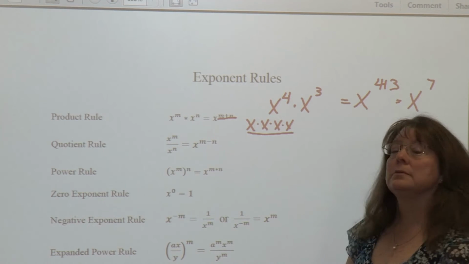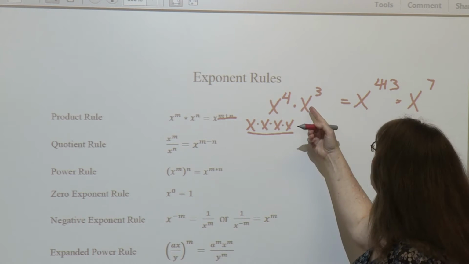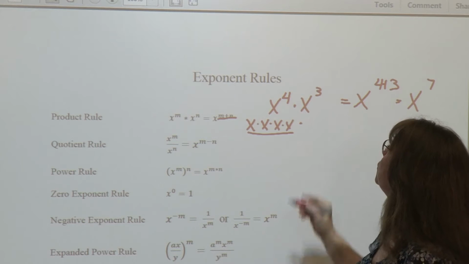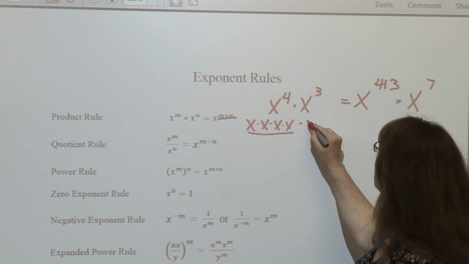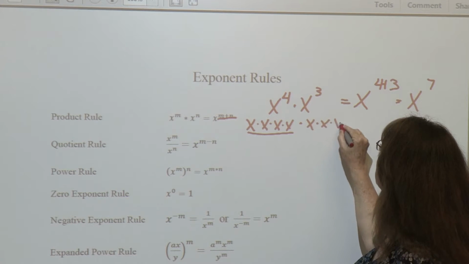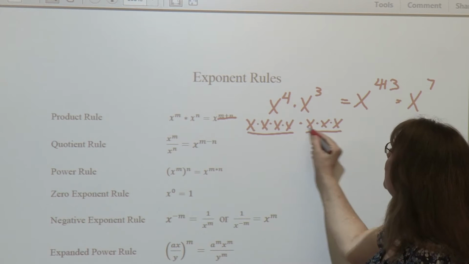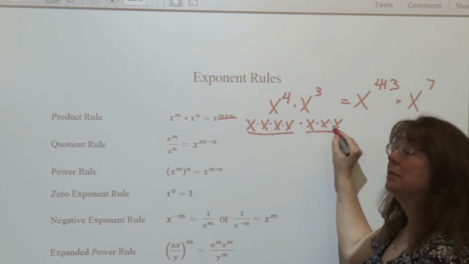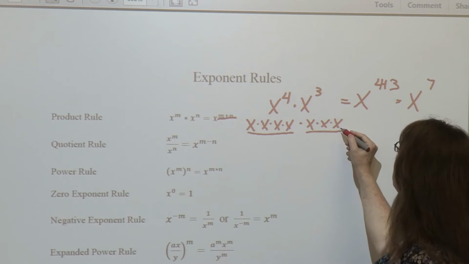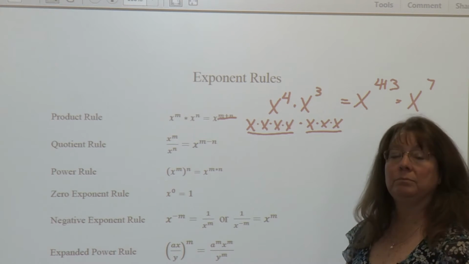Here's my 4 x's multiplied together. And then I'm multiplying it with x cubed, or x multiplied with itself 3 times. Here's my 3 x's multiplied together. We have that value x multiplied with itself a total of 7 times. So that's where that x to the 7th power comes from.